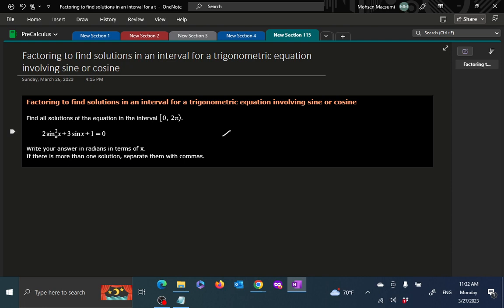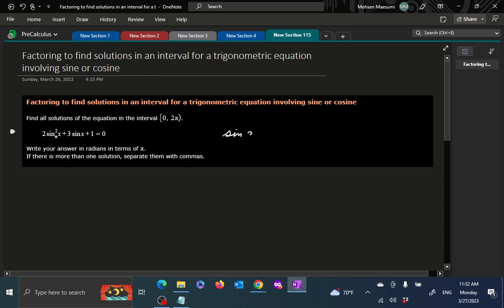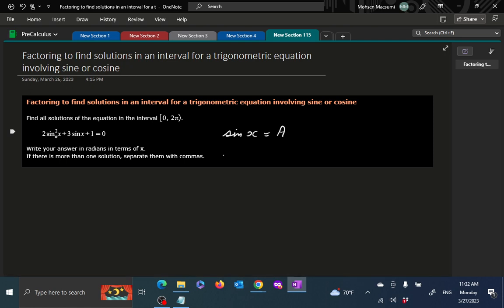Let's rename sine of x as a, and of course sine squared of x will be a squared. So our equation reads 2a squared plus 3a plus 1 equal to 0.